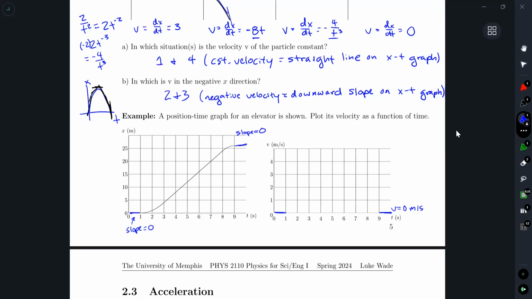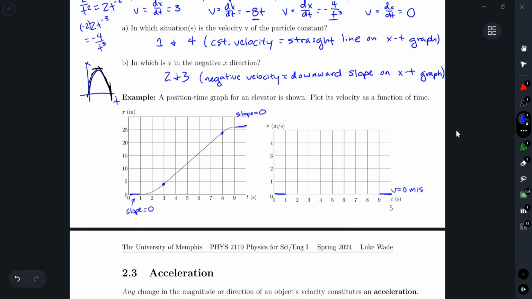So how can we tell that we've got a constant velocity? Slope doesn't change. Yeah. And so we're dealing with a straight line, something where the slope is always the same value. That happens from, I'd say, about 3 to 8 seconds. So we're not necessarily given that value clearly enough.